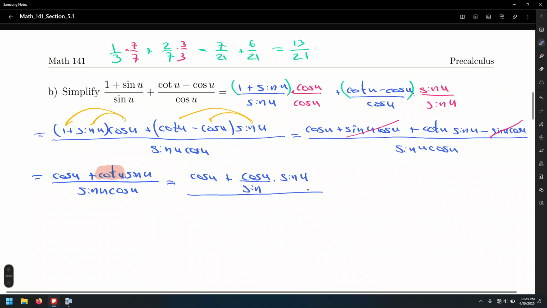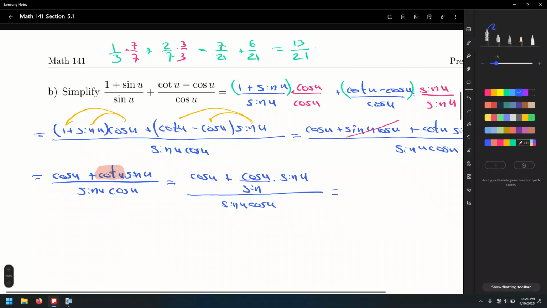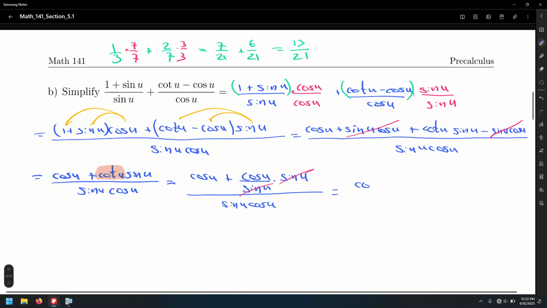So that's the quantity in the numerator divided by sine u cosine u. Okay, check this out. Let's divide out sine over sine, and that's cosine u plus cosine u.